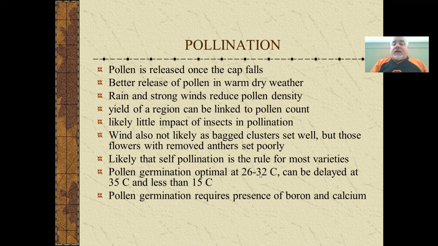So, I don't know off the top of my head, but we're talking about the upper 70s, 80s, they're happy for daytime temperatures. You start getting closer into the 90s, you've got a problem, and you start getting really chilly. 15 is getting pretty chilly. It's not going to be good for pollination.